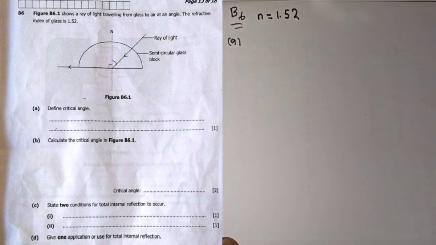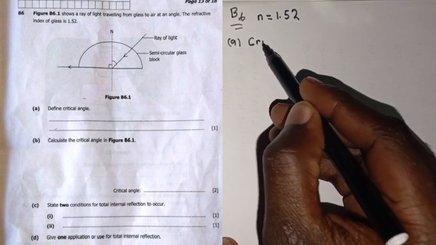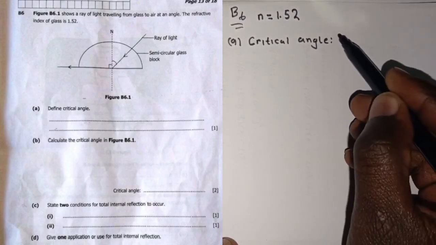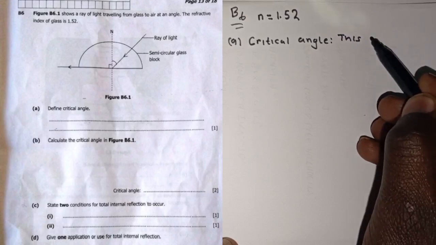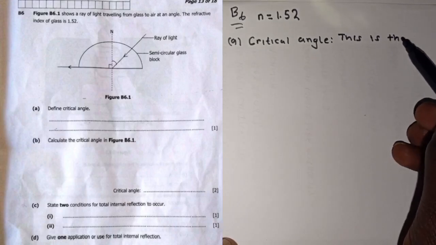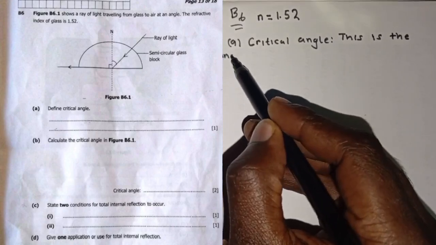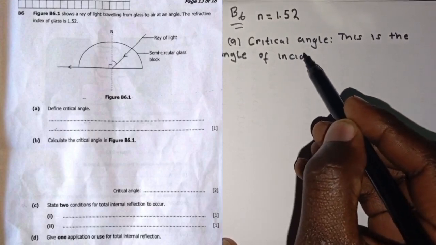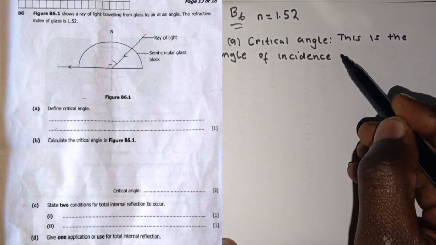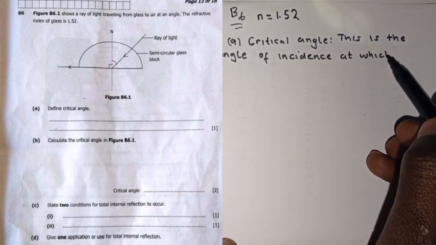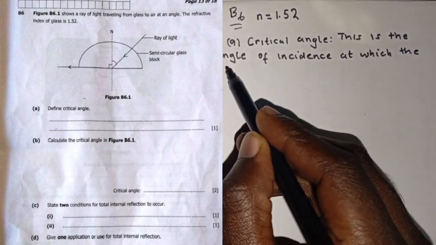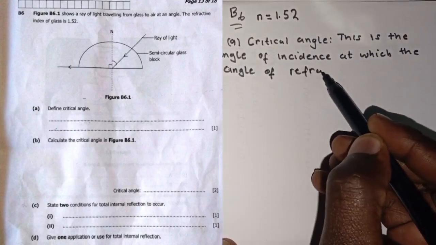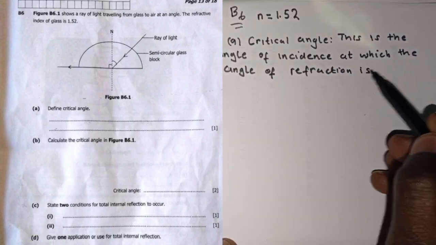Question A. A critical angle is the angle of incidence at which the angle of refraction is 90 degrees.